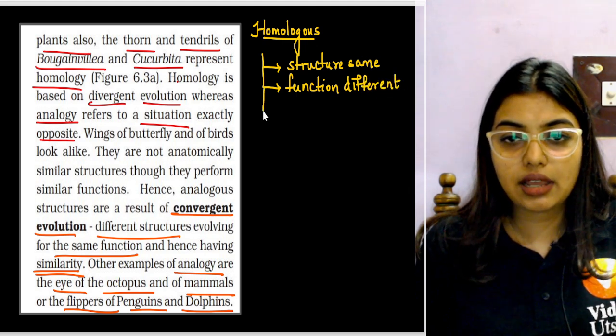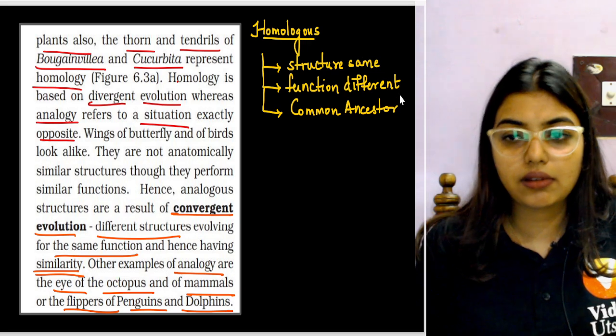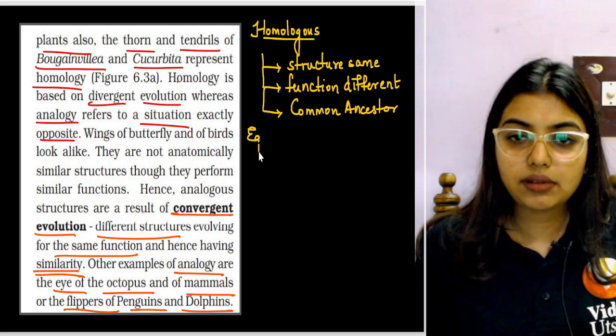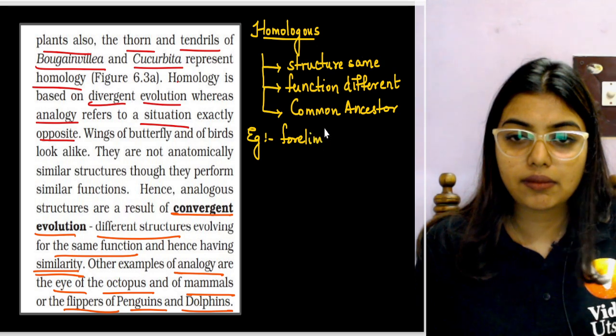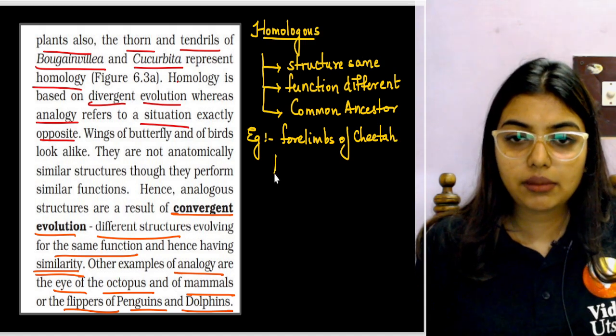It means they can have a common ancestor. Example: forelimbs of cheetah, bat, etc.